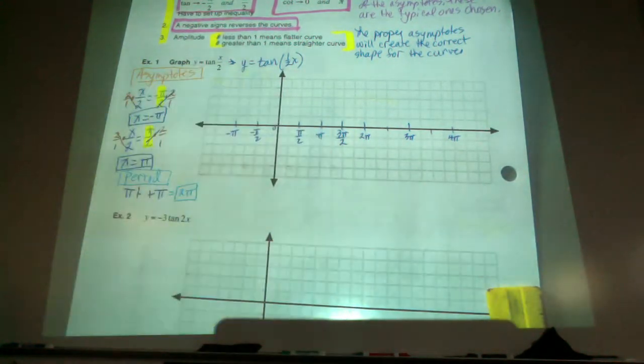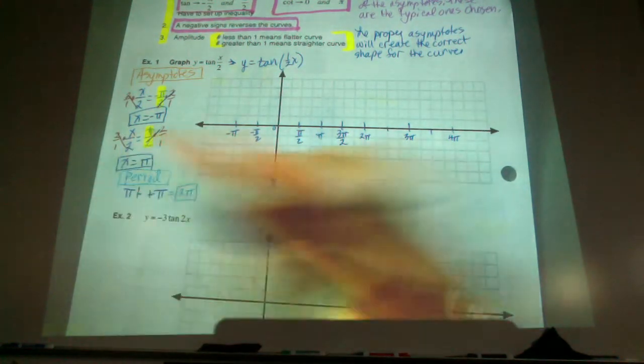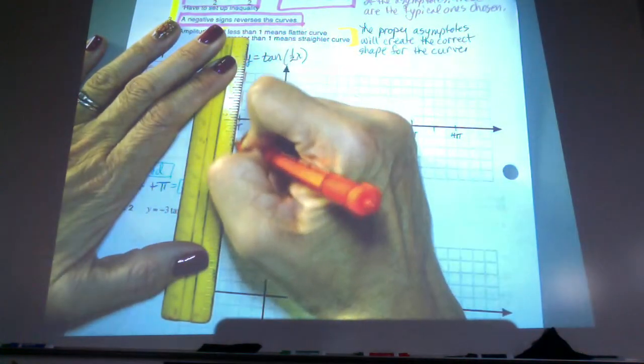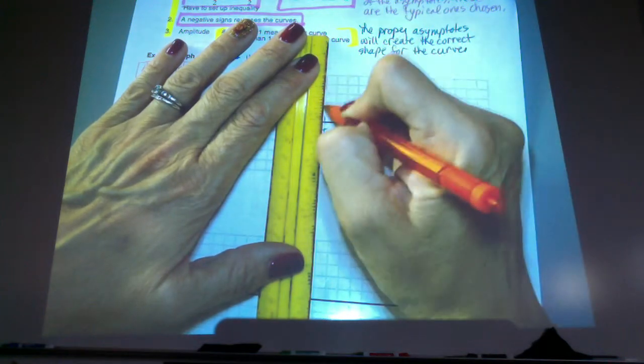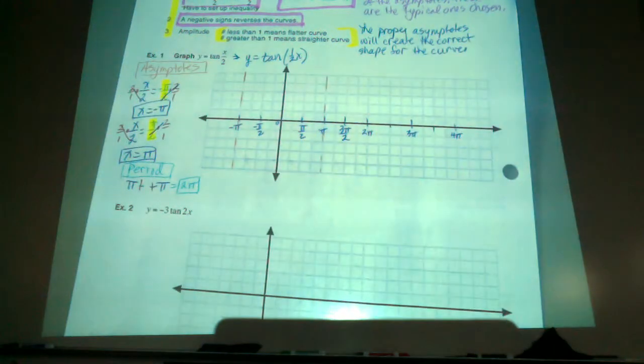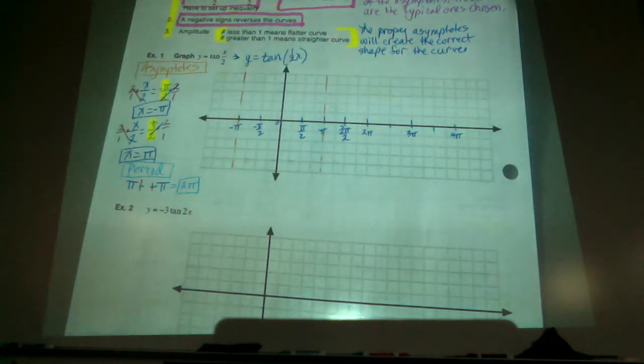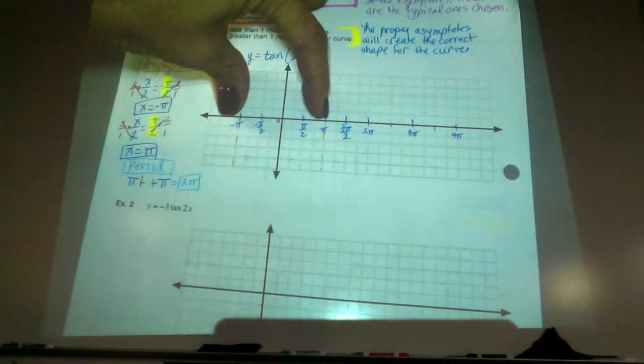Again, I'll always use those same ones, but I've got new ones this time. I'm going to put my first asymptote here at negative pi, and then add positive pi. How far apart are negative pi and positive pi? What's their distance? 2 pi.